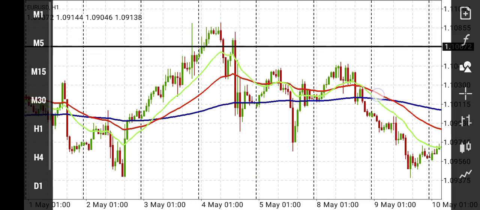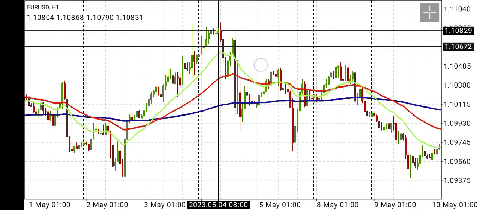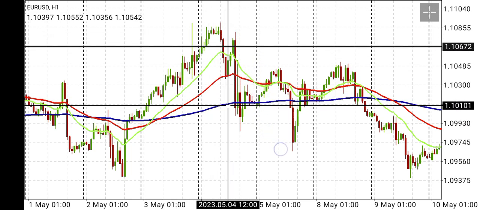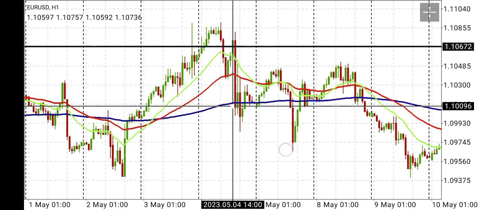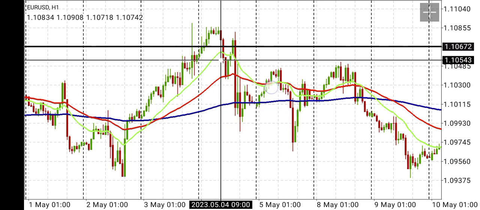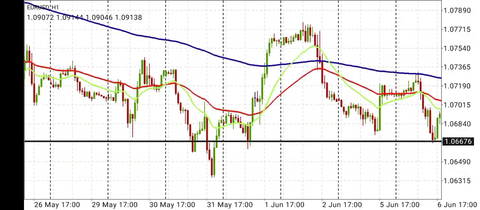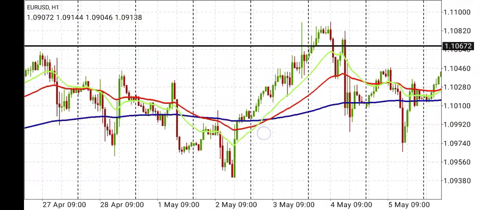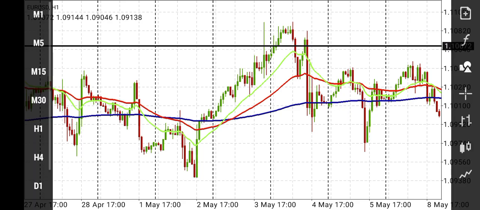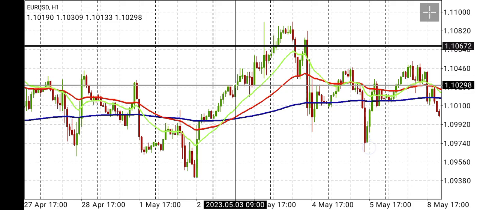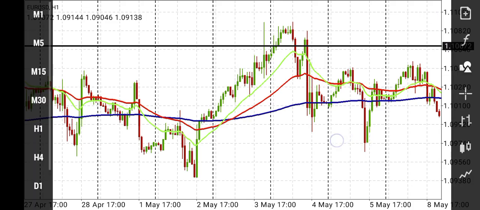Okay, so as you can see, the market is still in the same zone. It came back down. So all you needed to do was to enter the market upon spotting this bearish candlestick on your H1, an opportunity for you to jump in. And let's assume we took this trade.